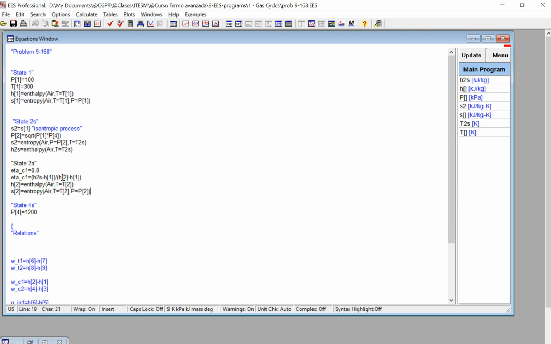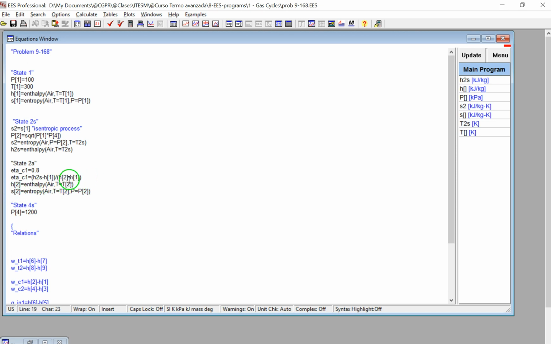Notice that in this case, P2 is the same because the compression goes between these two pressures. Temperature is not the same. I need the enthalpy to compute the temperature, and the temperature and the pressure to compute the entropy.